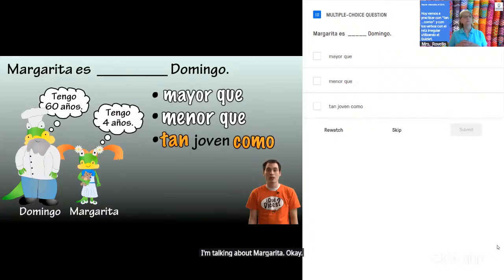Okay, good, Heaven. Arshas, what do you say? Stacy or Dallas? So mayor is older. Arshas. Menor would be younger. And tan como is as, meaning they're the same.